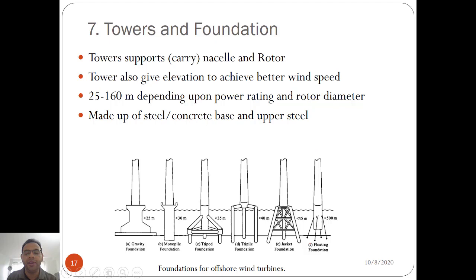As this height increases, so does the need for support and foundation at the bottom. So it needs to be stronger. With the increase in the height, we need a stronger foundation, varying from gravity to floating foundation.